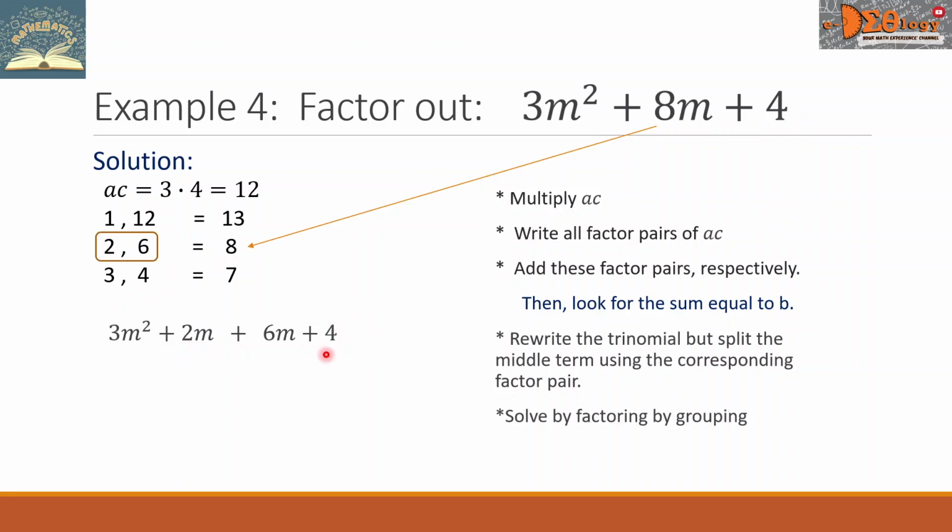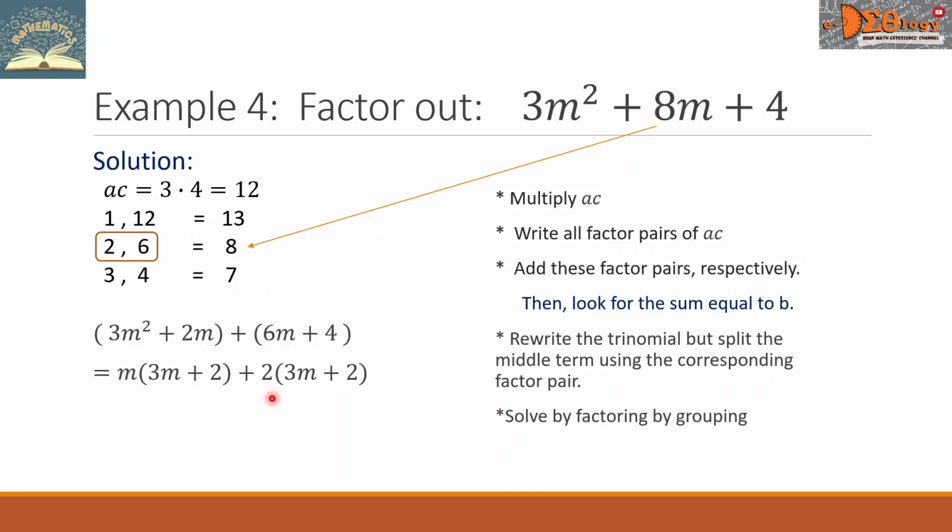Then we will solve this by factoring by grouping. We group the first two terms and the last two terms as one. Then we find the common factor for each of the groups. So in the first group, common is m. So we have m times 3m plus 2. In the second group, common is the 2.